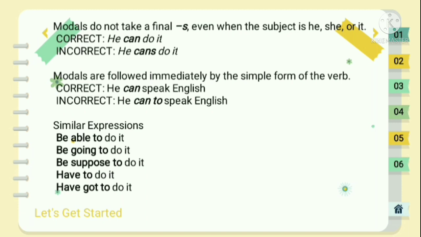Be able to has a similar expression as can. Be going to has a similar expression with will or would. Be supposed to has similar expression as should. Have to and have got to have similar expression as must.